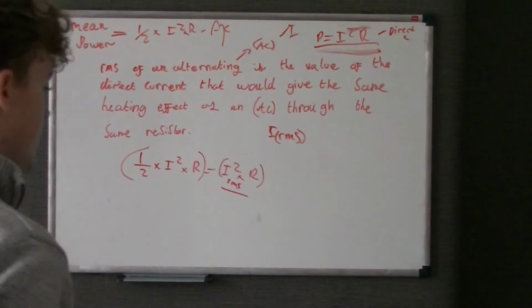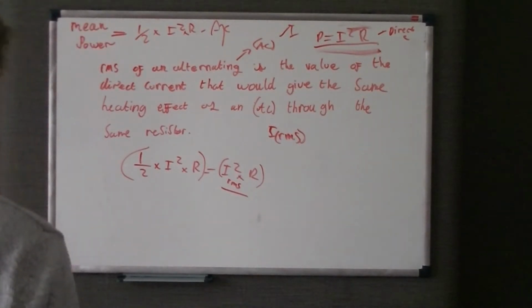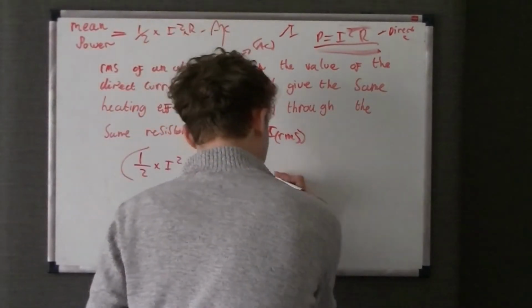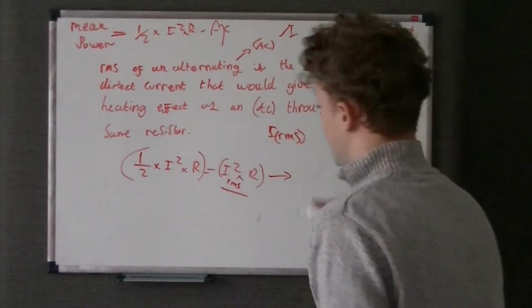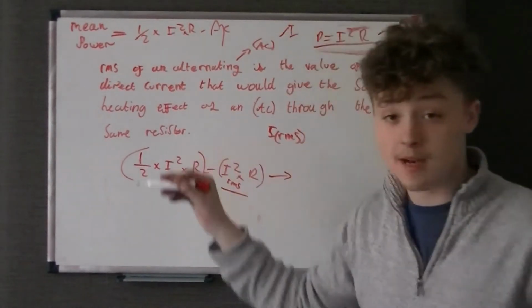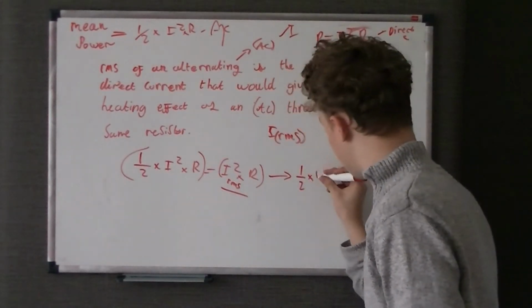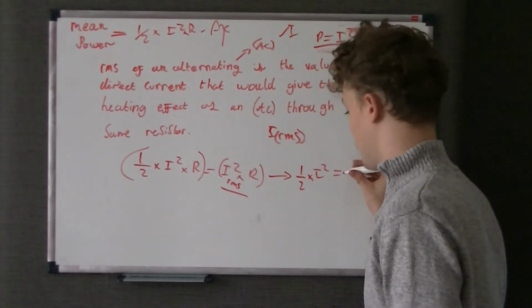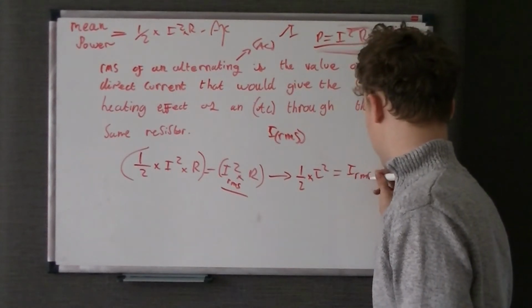Because there's a lot of squares in there, there's a half times, there's a root mean square value. How can we make that a bit simpler? So the first thing we're going to do is divide both sides by R, because they're both times by R, so that gets us half times I squared equal I of RMS squared.